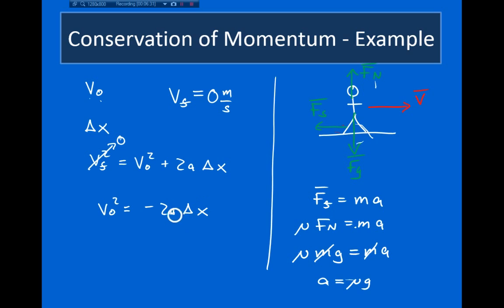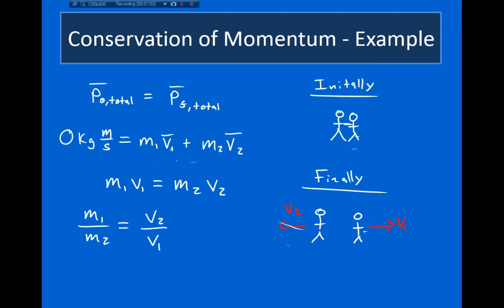So when we multiply the acceleration by delta x, we're always going to get a negative number. That'll cancel that negative sign there. So I'm just going to ignore the directions of these things and drop that negative sign. So the initial velocity is going to be equal to the square root of 2a delta x. This is how the velocity of the skaters immediately after they push off of each other is related to the distance that they travel.